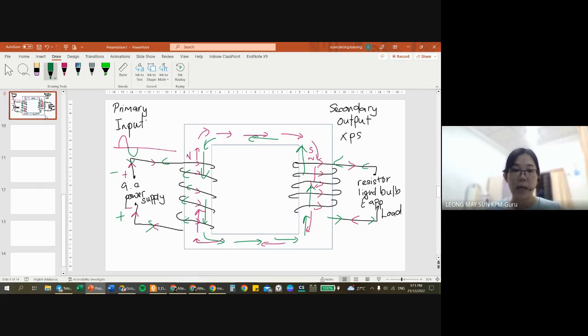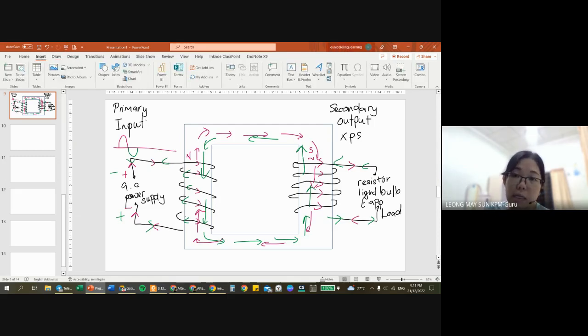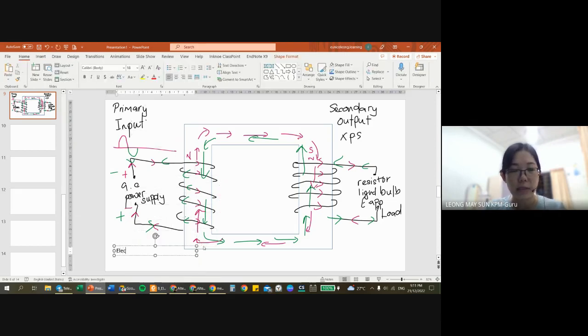Okay, I hope that I explained that clearly enough for you guys. Another thing that I just remembered and want to add is that at the primary coil, electricity will create a magnetic field.